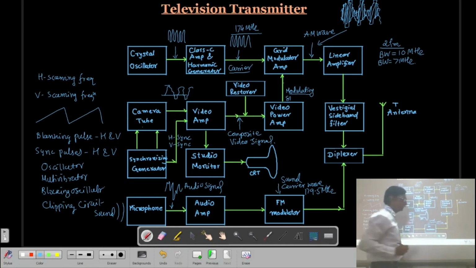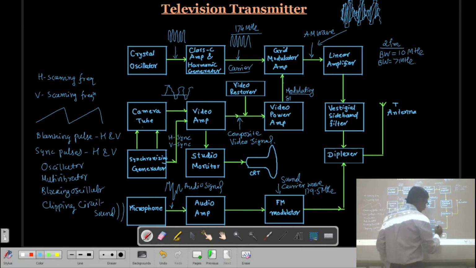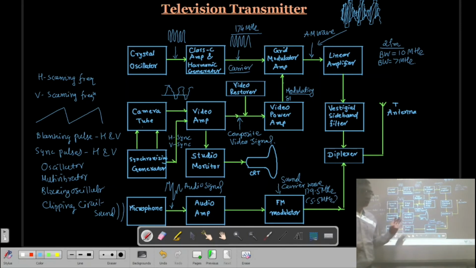So the difference between the picture carrier wave and the sound carrier wave will be 5.5 megahertz. Correct?